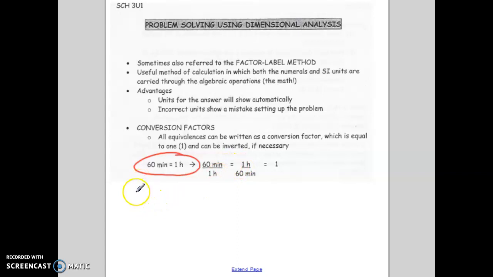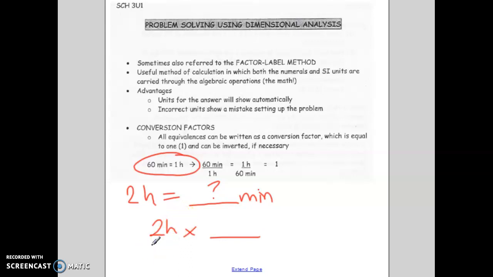Let's say we wanted to take 2 hours and I want to know how many minutes that would be. So we want to convert 2 hours into the number of minutes. What you would have to do is multiply by the factor that would help us cancel the unit of hours out.